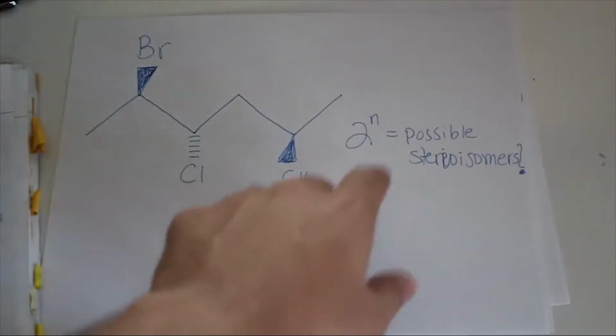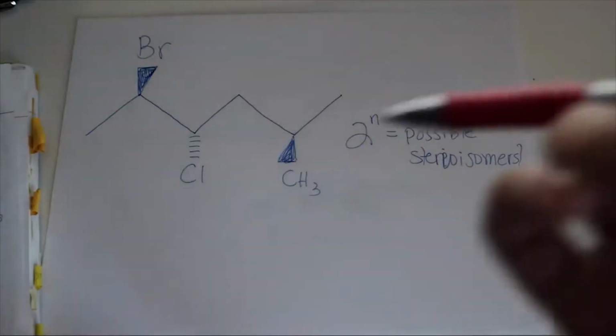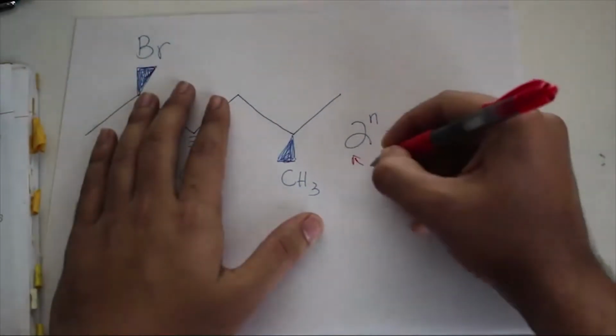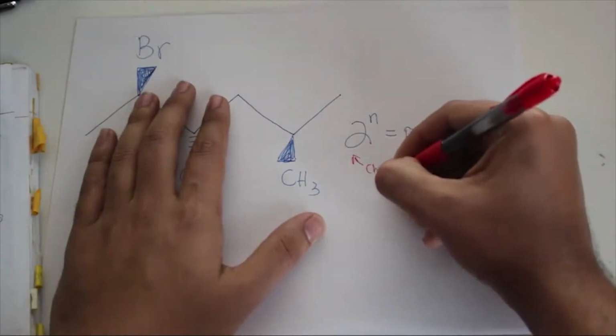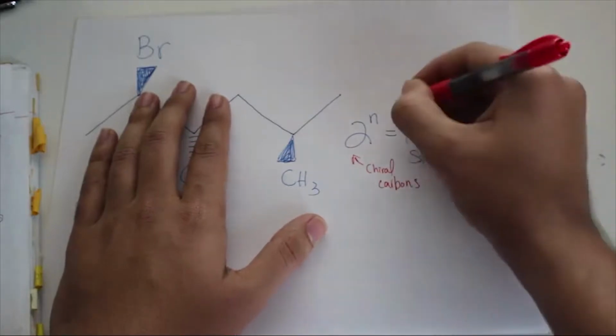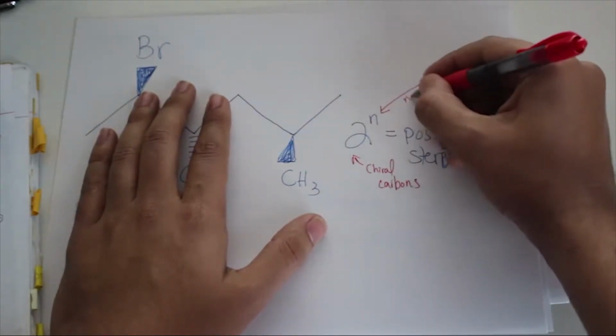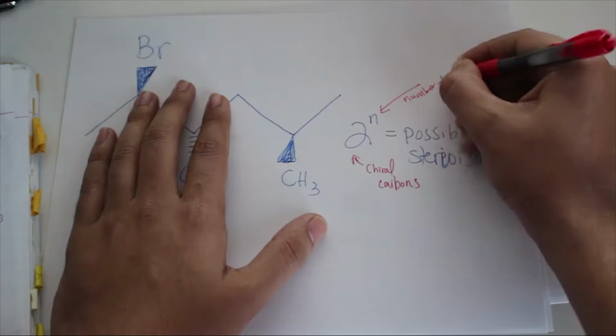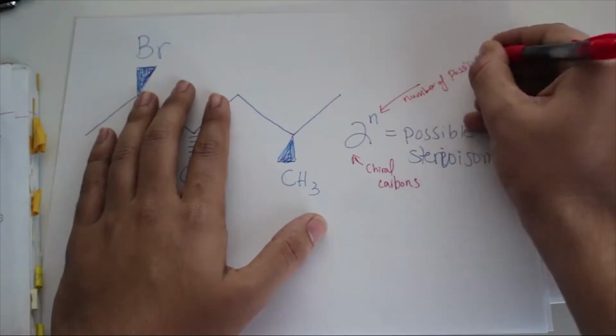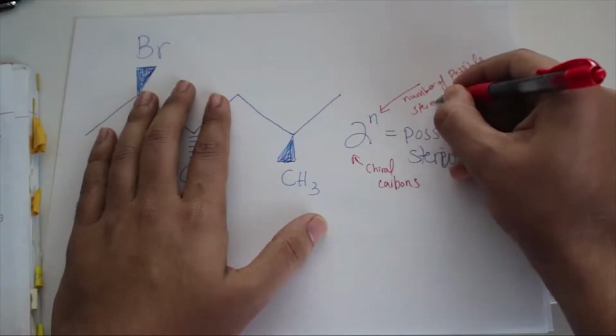The formula is 2 to the n, where n stands for the number of chiral carbons and 2 to the n gives the number of possible stereoisomers.